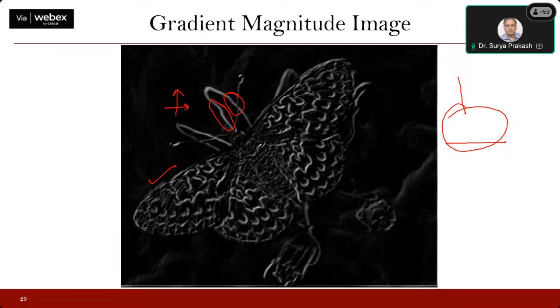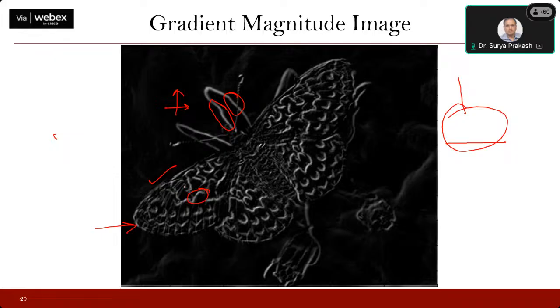Now, once we compute the gradient, in this image, wherever the gradient is high, those places are represented in terms of white pixels. White pixel means high intensity.